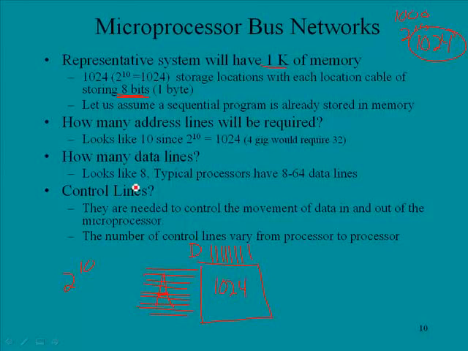Then there are the control lines, and I'll draw a few lines over here for control lines. They are needed to control the movement of data in and out of the processor. And the number of control lines is going to vary from processor to processor. They have their own unique special designs. But in order for a microprocessor to interface with memory, it's going to require address lines, data lines, and control lines.